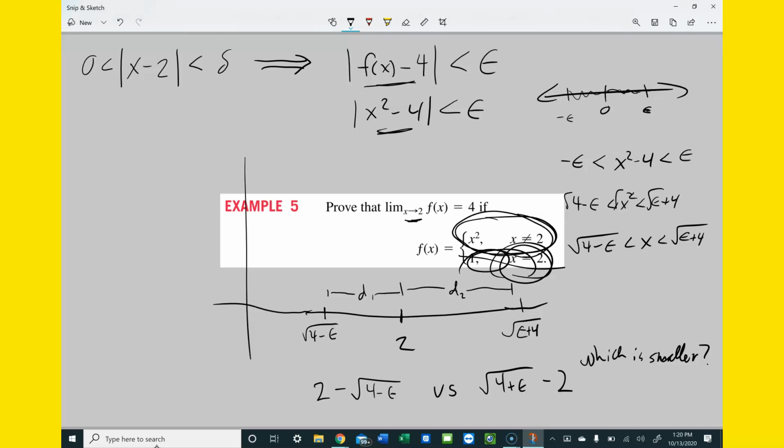All right, so let me just think about this for a second. Epsilon is something that's a little bit more than 0. So the square root of 4 minus something a little bit more than 0 would be something a little bit less than 4. The square root of something a little bit less than 4 will be something a little bit less than 2. So 2 minus less than 2 would be 2 point something.